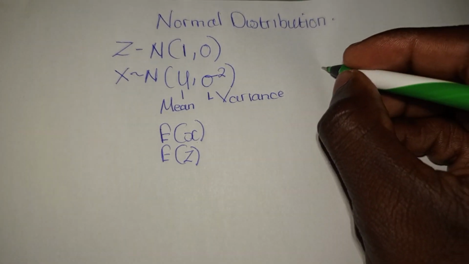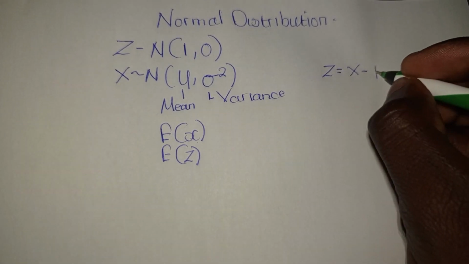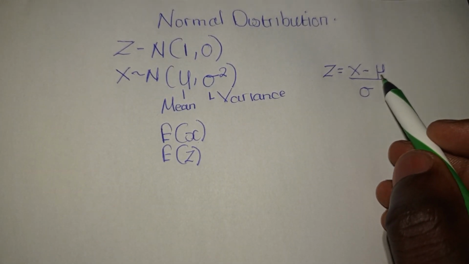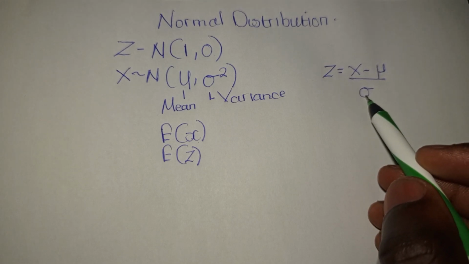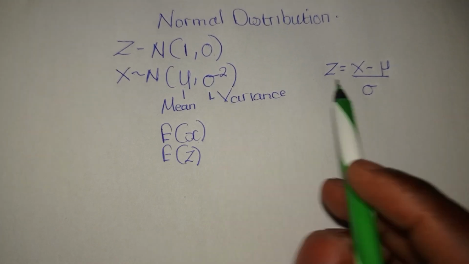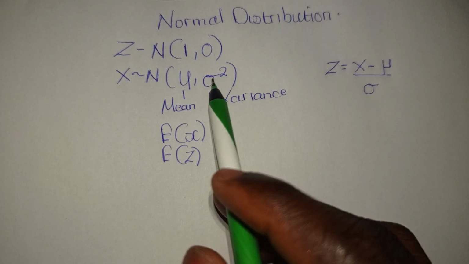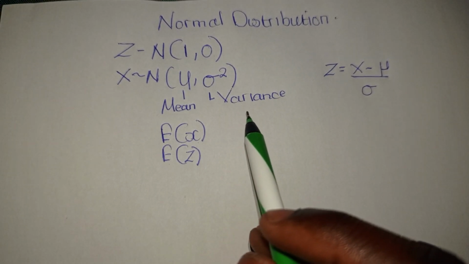The transformation we are referring to is this one, where mu is the mean and sigma is the standard deviation. Remember, there is a difference between sigma squared and sigma. Sigma alone is the standard deviation, while sigma squared is the variance.